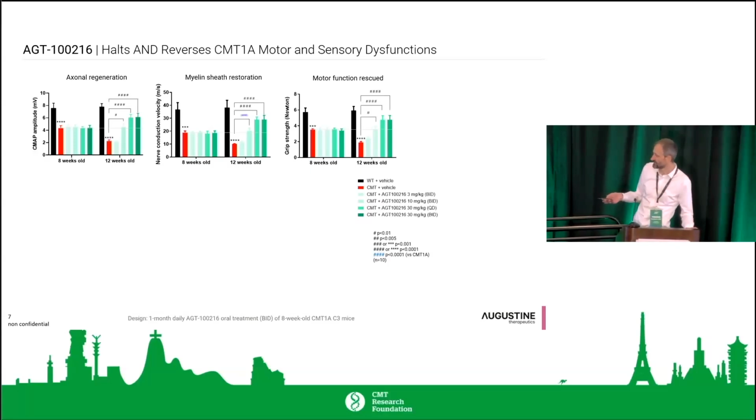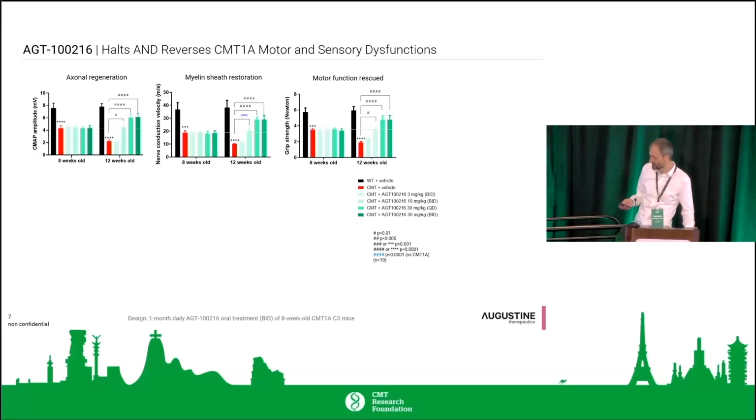With HDAC6, we tested 3 milligrams per kilogram BID up to 30 milligrams per kilogram BID, and the efficacy starts showing up already at 10 milligrams per kilogram BID. It maximizes at 30 milligrams per kilogram, while it rather plateaus if you dose higher.